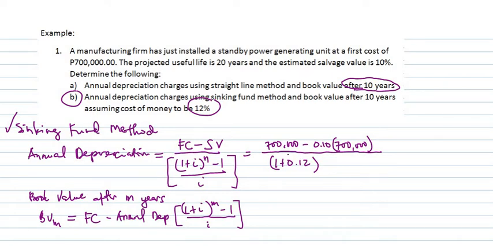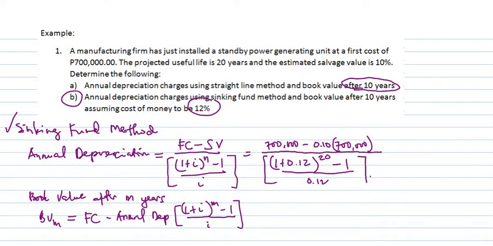So 1 plus 0.12 raised to n. We have our n equivalent to 20 years, this is the useful life, minus 1, divided by our i, which is 0.12.